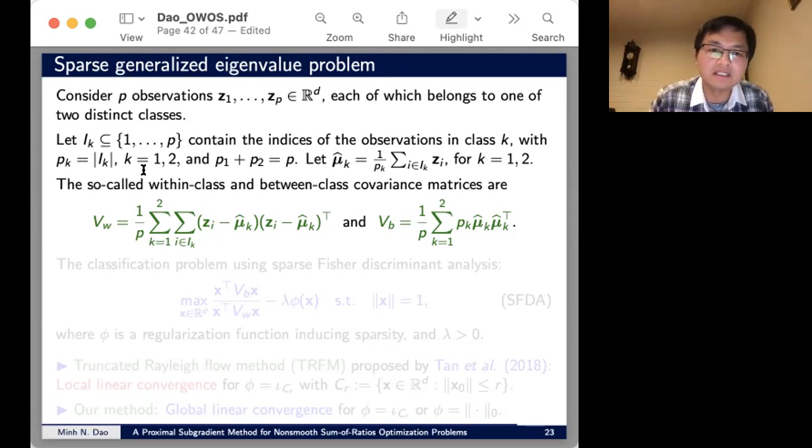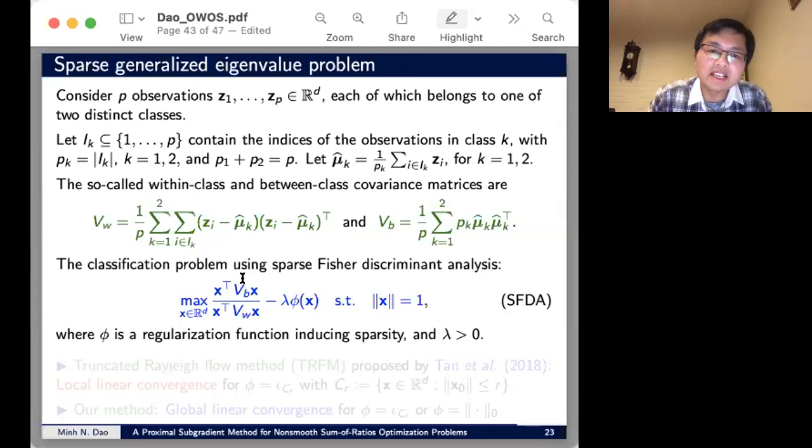K here runs from 1 to 2, P1 plus P2 equals P, and let mu_k hat be the average value of the z_i. Then the so-called within-class and between-class covariance matrices are given by this formula.